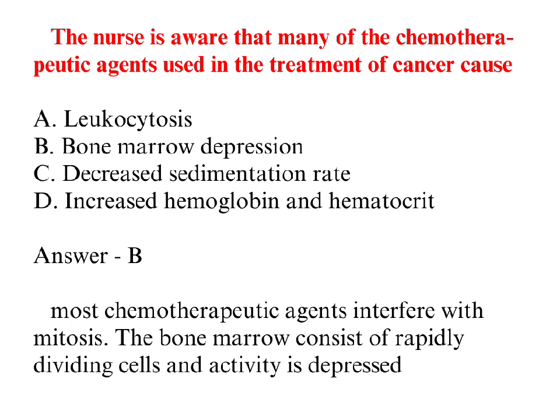Okay, that is also a possibility, but B, bone marrow depression: in patients using chemotherapeutic drugs, the bone marrow is depressed. So the answer is B. Most chemotherapeutic agents interfere with mitosis. Bone marrow consists of rapidly dividing cells and is actively depressed. So the answer is B.